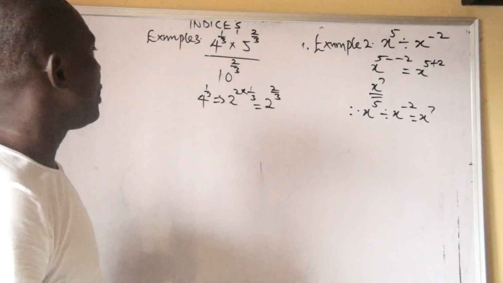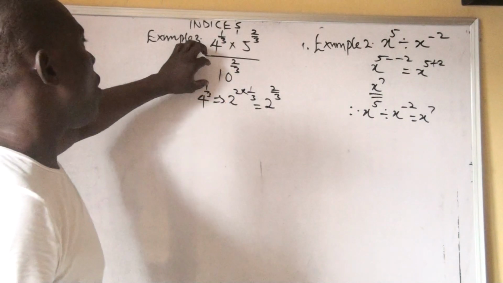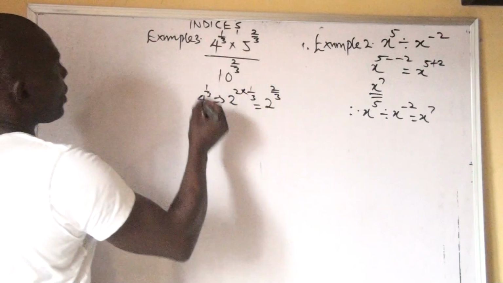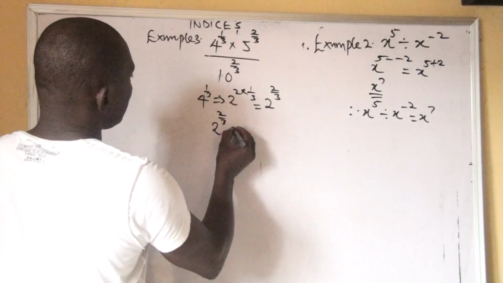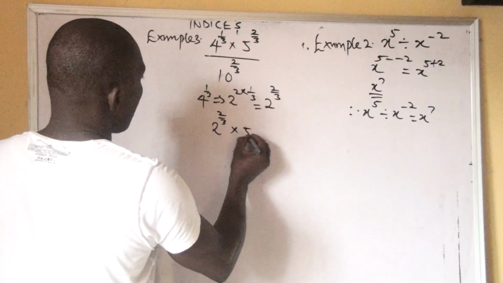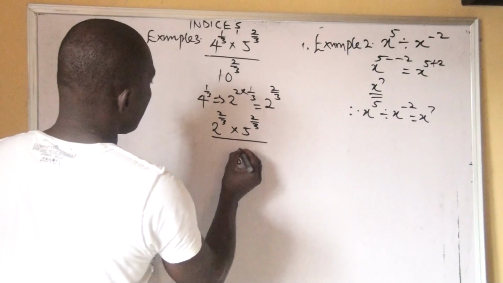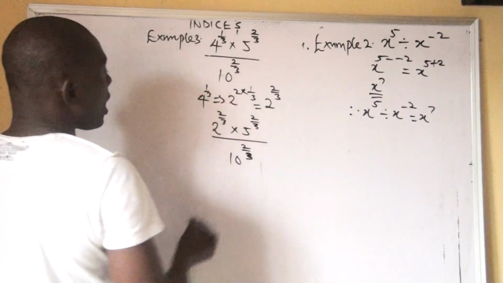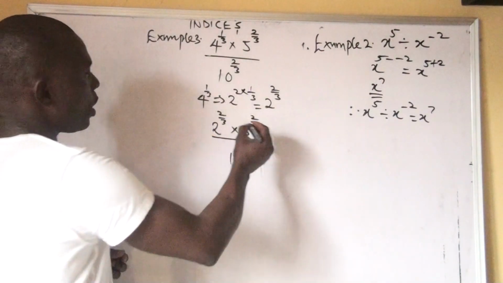We express this because we are trying to see how we can manipulate it. Then this becomes 2 raised to power 2 over 3 times 5 raised to power 2 over 3, divided by 10 raised to power 2 over 3. Now, if you recall, there are two ways we can handle this.